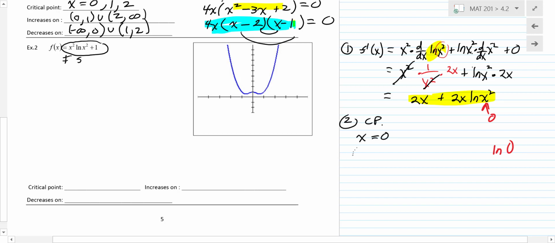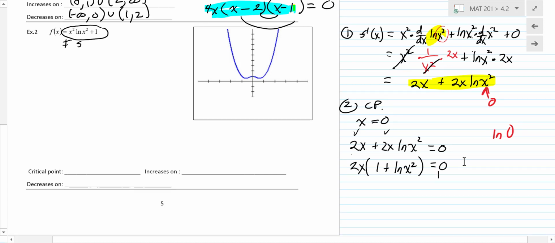Then the other thing you need to do is take the derivative that we got, set it equal to 0, and solve that equation. Everybody with me? How do you solve an equation like this? What do you think? Factor. You're going to factor over and over again. You set it equal to 0. This has a common factor of 2x. Taking 2x out, that leaves you 1 plus ln x squared equal to 0.